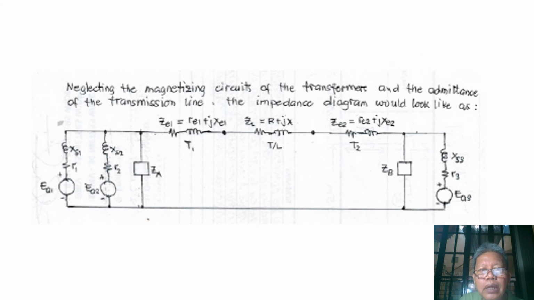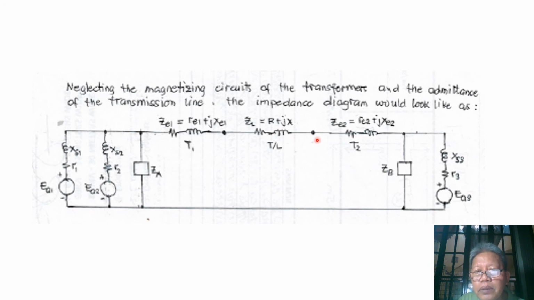So our impedance diagram can be simplified like this. For the generators, we still have the equivalent circuit for generator 1 and the equivalent circuit for generator 2, and then our load is ZA. For transformer 1, we can just take its equivalent impedance represented by RE1 plus jXE1. Between transformer 1 and transformer 2, we have the transmission line with its impedance R plus jX.